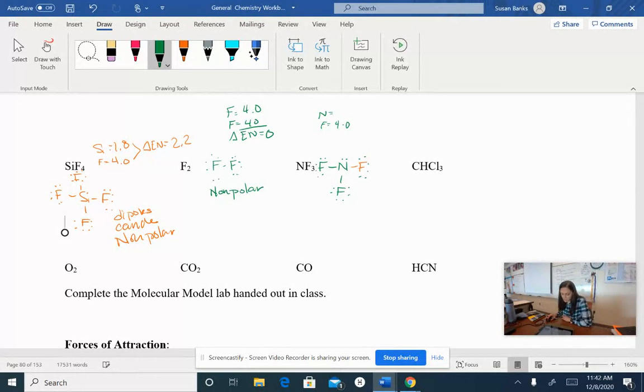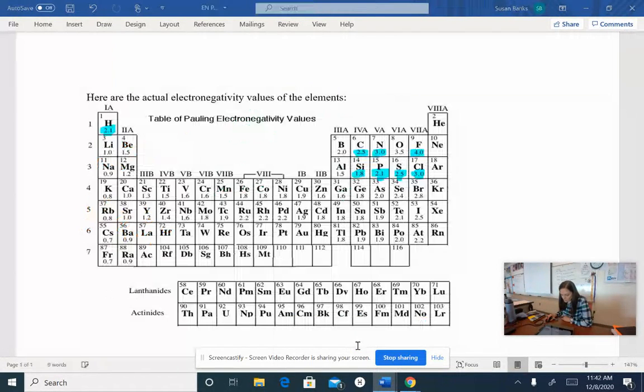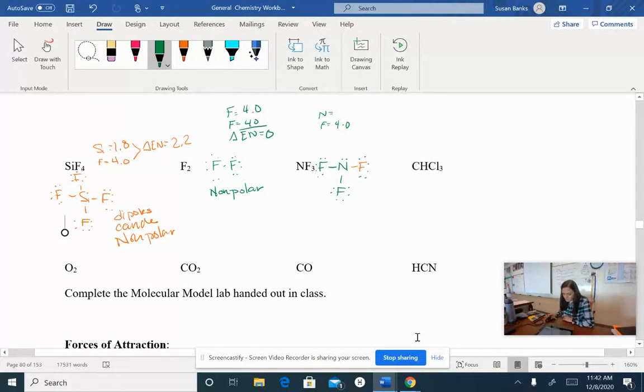So let's look up nitrogen again. Okay, nitrogen is 3.0. Fluorine is 4.0. So the difference between these two is 1. That's definitely enough to make a polar bond. Now, the fluorines are more electronegative, so the electrons are going to be pulled toward the fluorines.